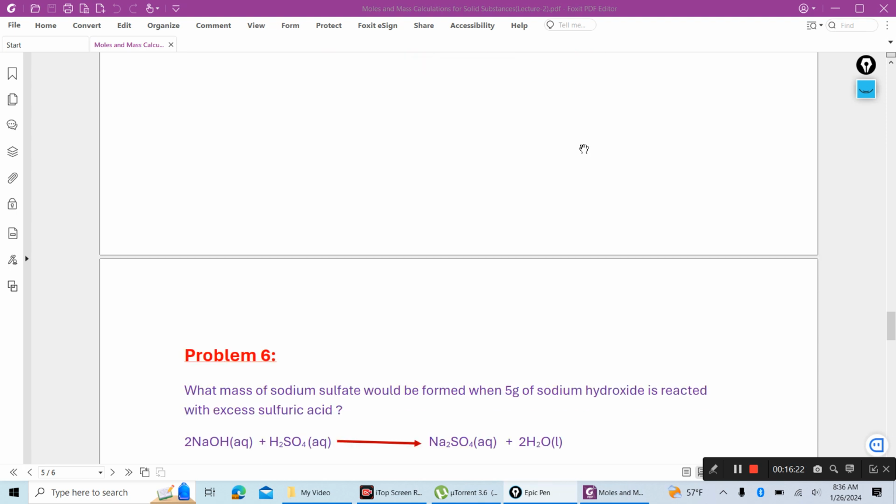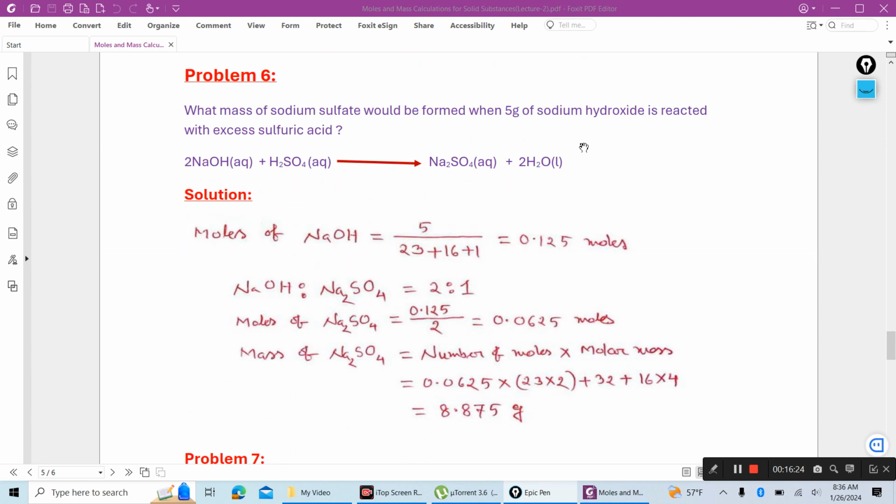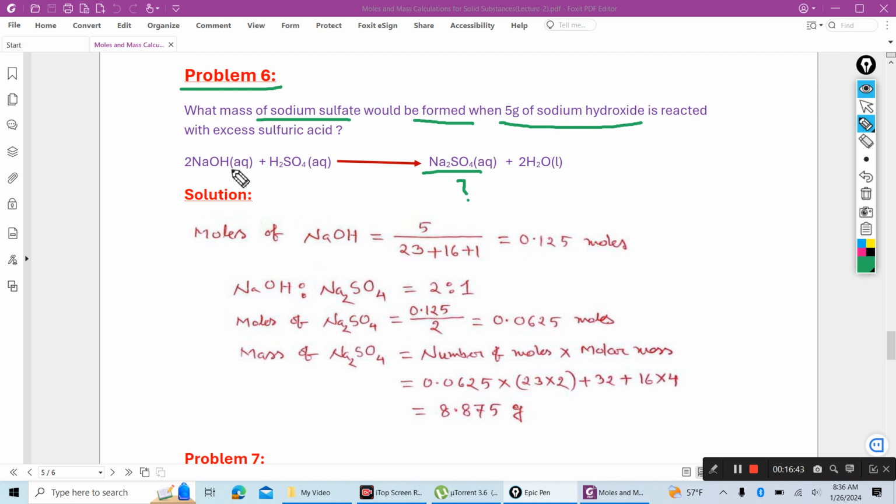Come to next problem now. Problem 6. What mass of sodium sulfate would be produced when 5 gram of sodium hydroxide, here sodium hydroxide is NaOH, 5 gram is given, with excess sulfuric acid.